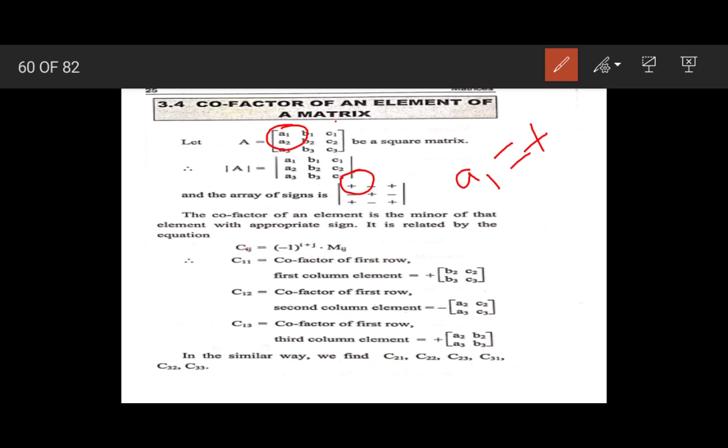Deleting the position of A1 means first row, first column deleted, and find the determinant of the remaining elements. So the remaining elements are B2, B3, C2, C3. So the determinant of B2, B3 and C2, C3. So this determinant along with the sign represents the cofactor of A1.